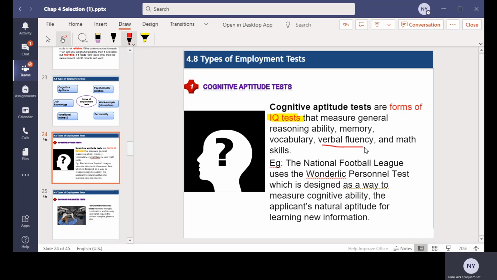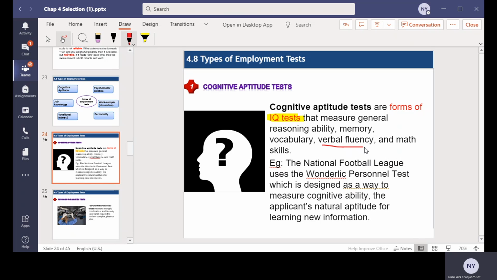Okay, so this is more on general tests, the IQ test. Same goes with other positions, for example factory workers. When some factories choose their factory workers, especially the operators who are handling machines, they will give the candidates a mathematics test.